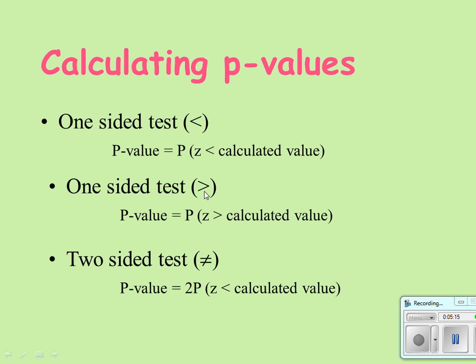When your one-sided test is greater than, your p-value is equal to the probability where your z-score, that z-test score, is greater than. You see how they're directly related. And again, when you get to the two-sided, the not equals, you must multiply that calculated value by 2. So it's 2 times that value.